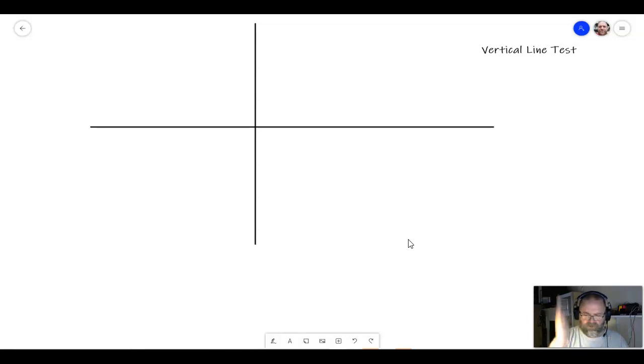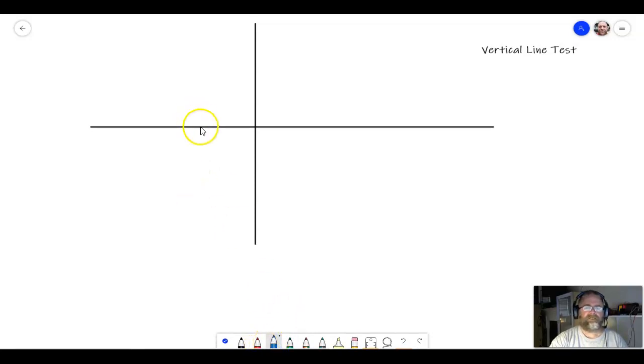As soon as we can draw a line that touches two or more points, then this is no longer a function. It's only a function if we can only put lines that touch one point at the most, 0 or 1 point. So what does that mean?